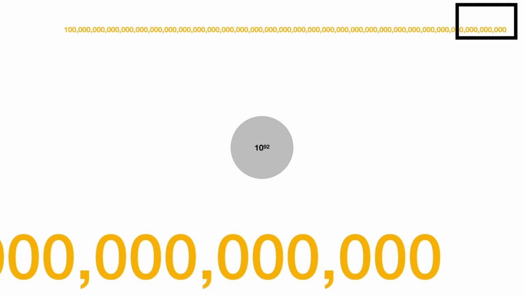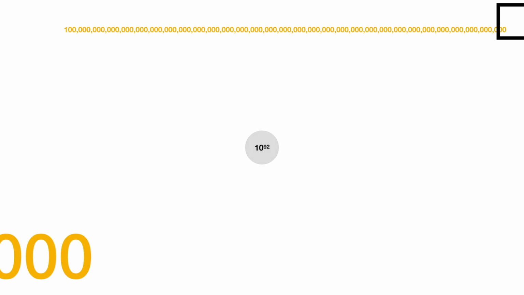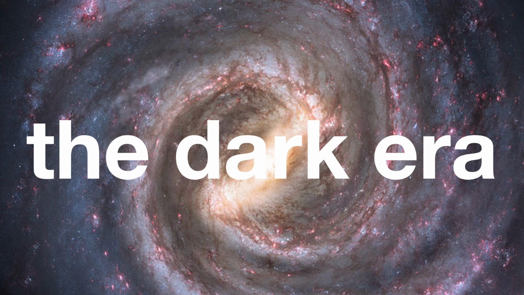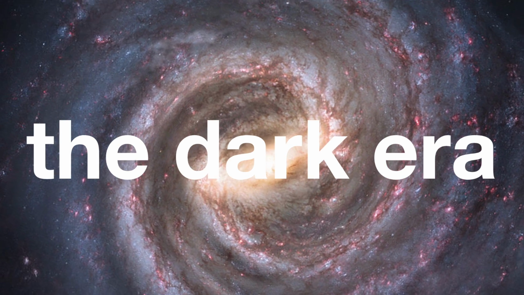This number is bigger than the number of atoms in the universe right now. After this, there's really nothing left, because all the black holes evaporate after 10 to the 92 years, nothing will exist. We have entered the dark era.